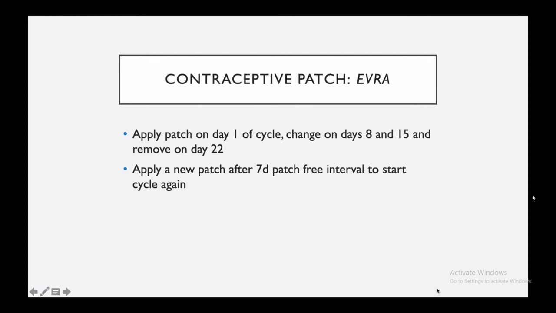In terms of use, apply a patch on day 1, change on day 8 and day 15, and remove on day 22, and then reapply a patch after a 7-day patch-free interval. I won't explain the mechanism of action because it's a combined contraceptive, and the side effects are similar.